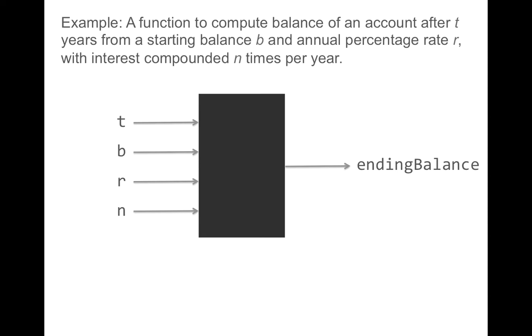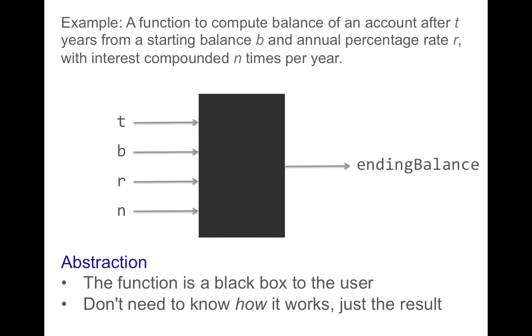The inputs are t, the number of years, b, the initial balance, r, the percentage rate, and n, the number of times interest is compounded per year. The function takes those four parameters as input and returns an ending balance. That black box abstraction makes it useful: we don't need to know how it works, we just need to know that it provides the correct result.